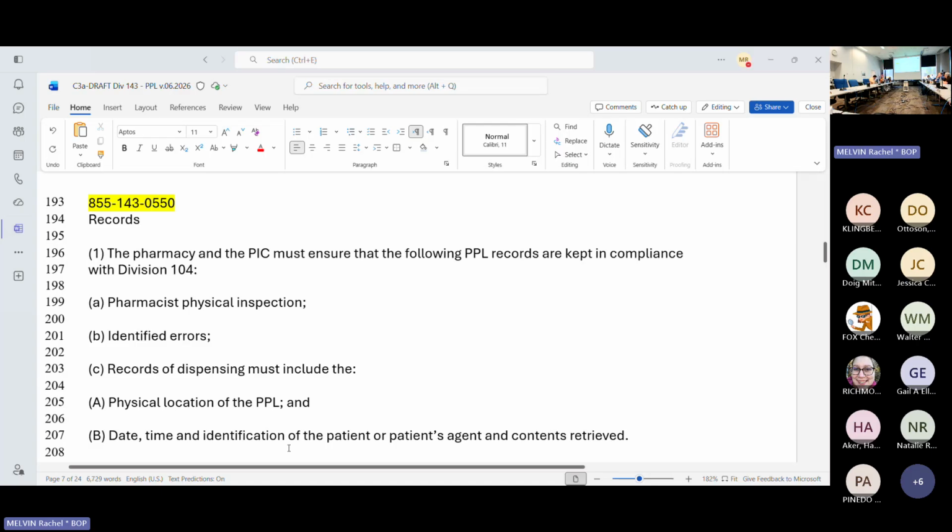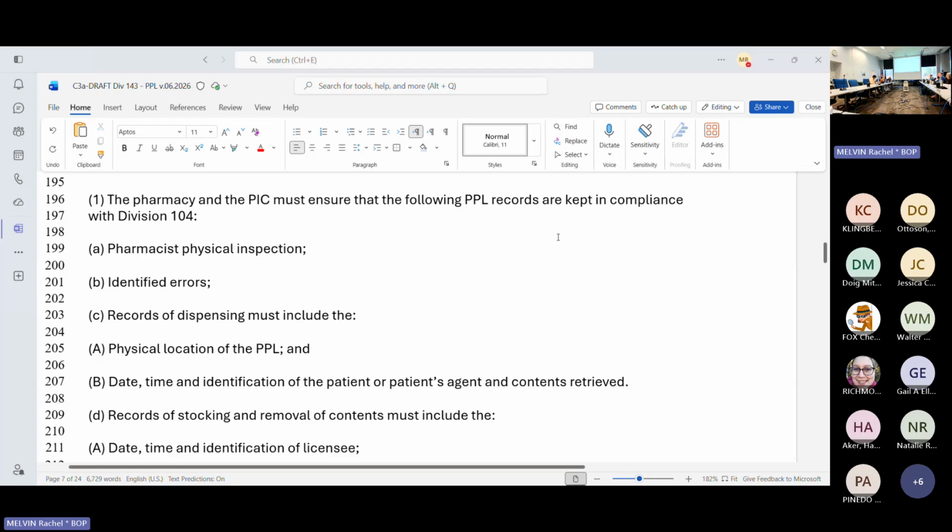Are we requiring a photo ID to be scanned at the kiosk? Or is it sufficient that the patient is given a 4-digit code and they can give that code to whoever they want to give that code to, and that is sufficient to be the identification of the patient or patient's agent? So I just wanted to get a little bit of clarity. I understand we need to know who's picking it up, but how does that work practically?